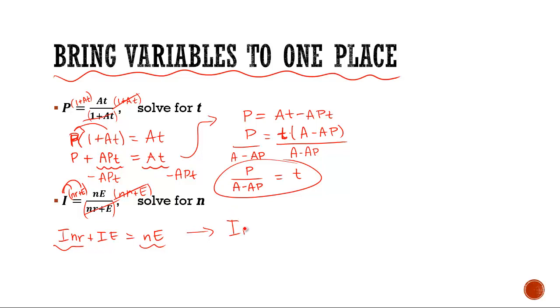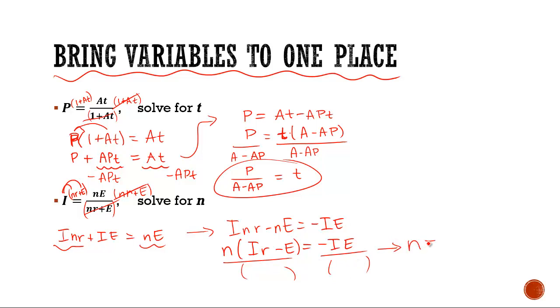That'll be I n r minus NE equals, bring that other term over, minus IE, so they're isolated. Now take the n out, which leaves IR minus E. And now you can finally divide by this bracket, leaving you with n equals negative IE over IR minus E.